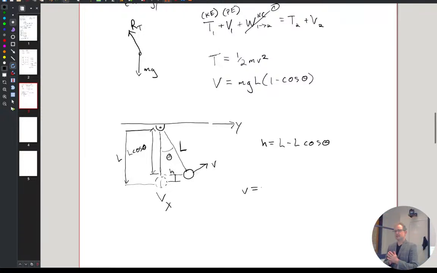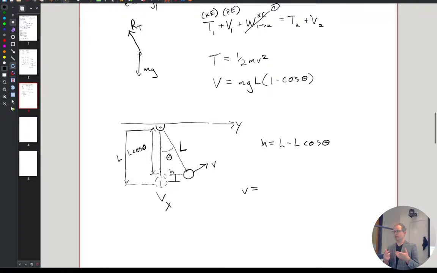How fast am I going? What's the speed of this thing? If you're not sure, what coordinate system did we choose when we started building this pendulum?